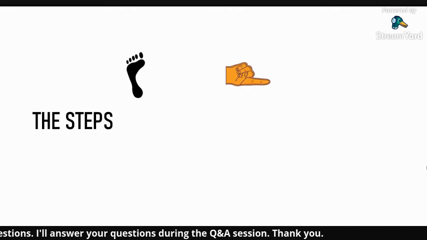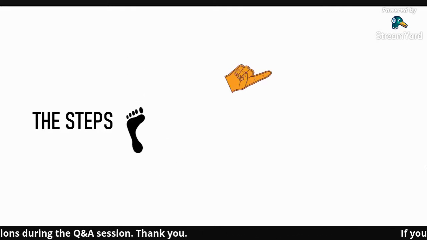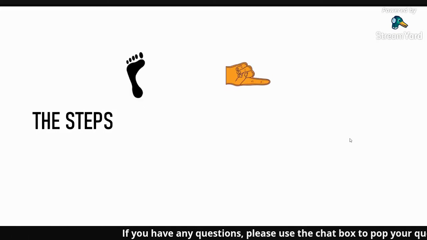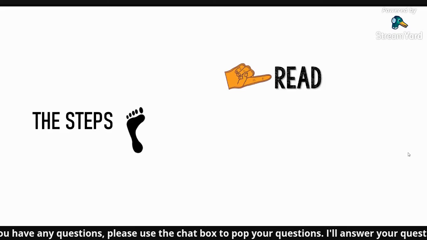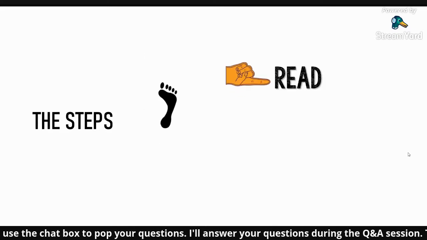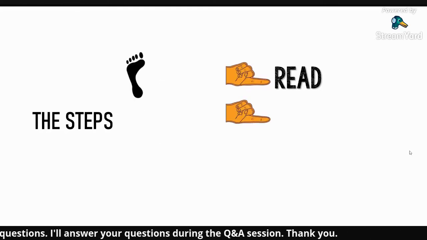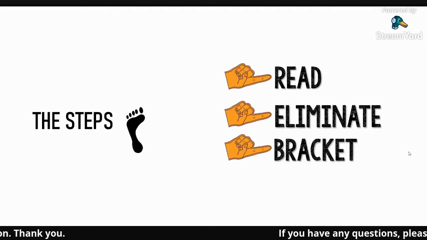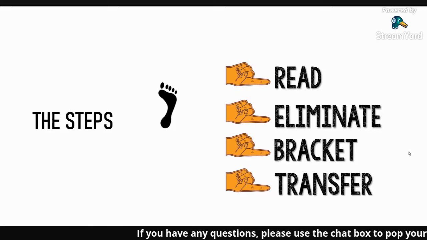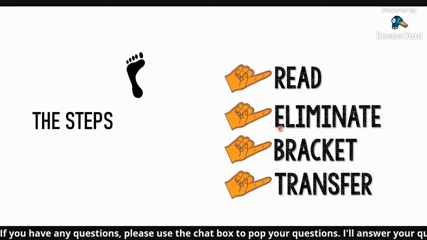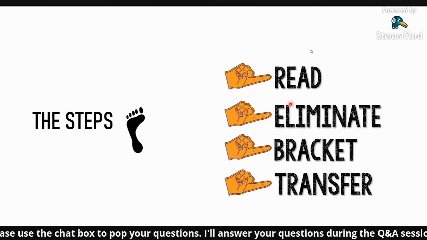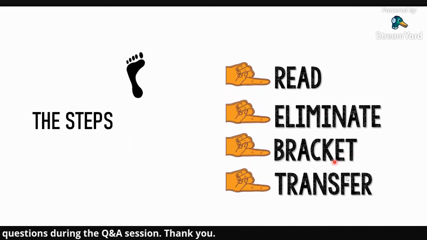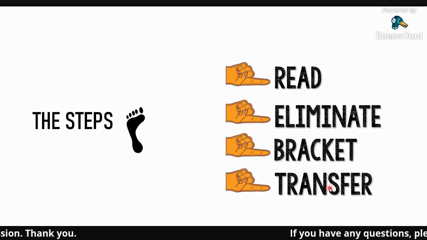We have a few steps when it comes to information transfer. The first one is you need to read. The next ones are eliminate, bracket, and transfer. So we have the REBT concept here, where first you read what is given to you, then you eliminate, then you put up your brackets, and then you transfer.